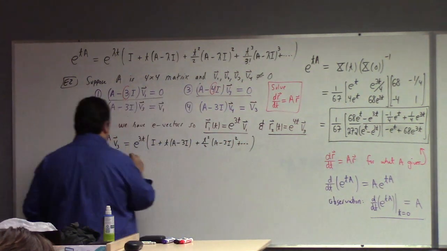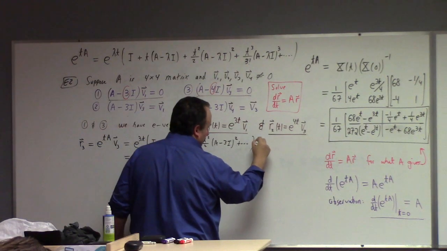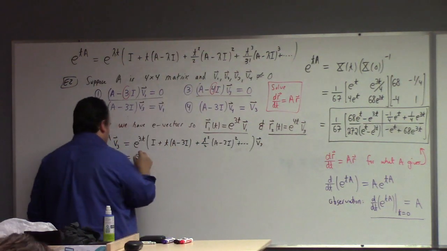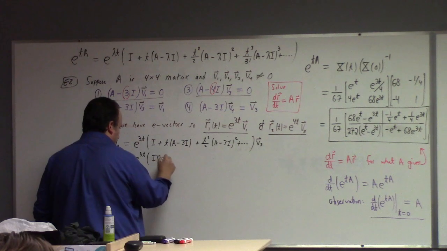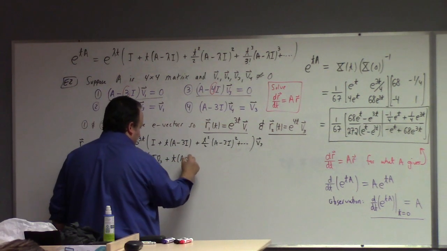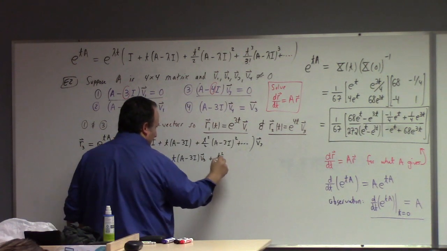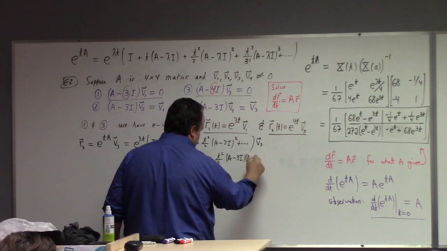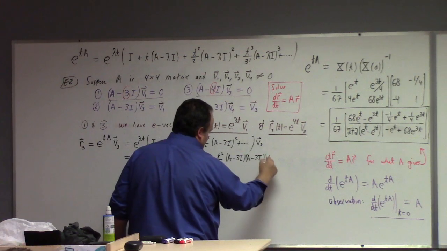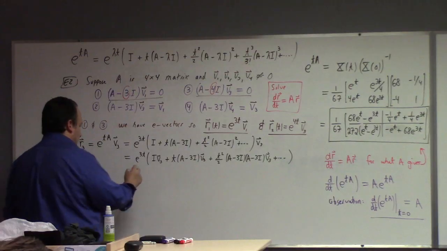All right. So let's work that out. And I'm supposed to multiply by v3, right? So I have e to the 3t times I v3 from my first one, plus t times A minus 3I v3, plus t squared over 2 times A minus 3I times A minus 3I times v3, plus higher order stuff I don't care about. So what happens here?